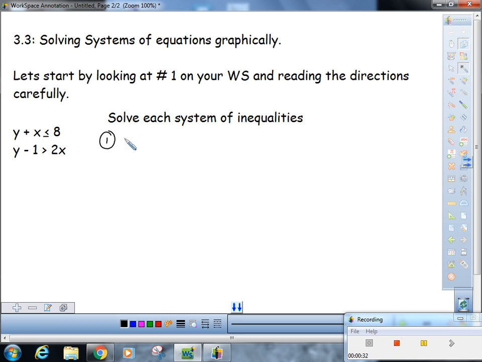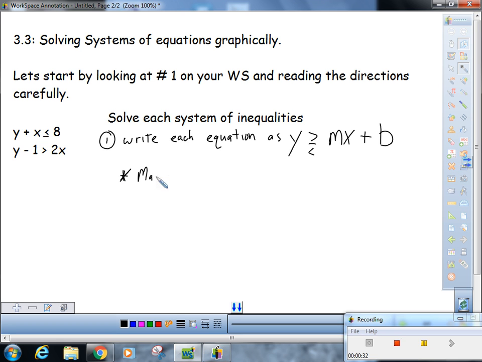Step one, write each equation as y is less than, equal to, whatever, mx plus b, okay? And then I guess I'll write an asterisk.